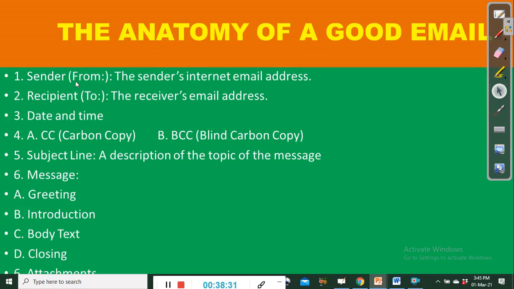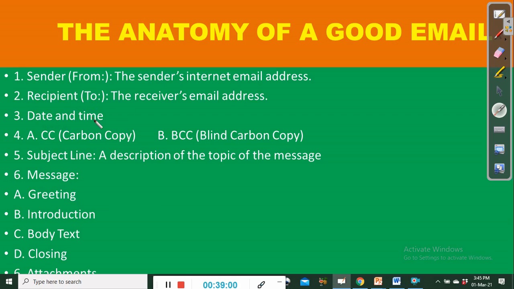You know, it's the sender's internet email that is meant here. Then number two, we have the recipient, which is the receiver's email address. To whom is this email going to be sent? So that is the recipient.